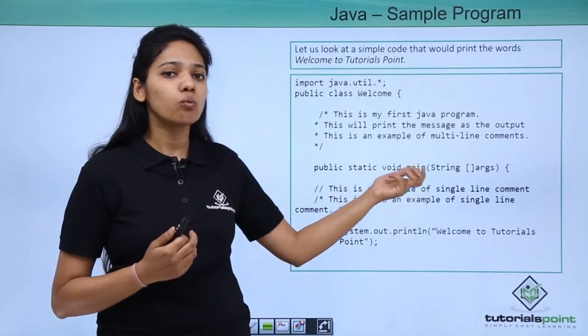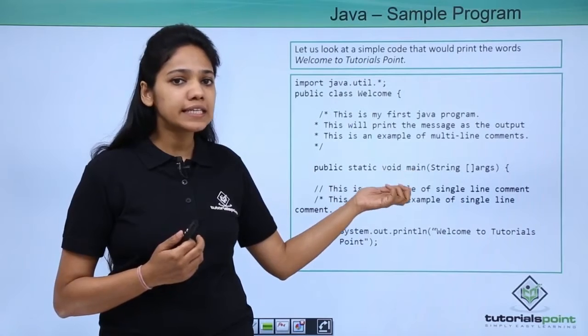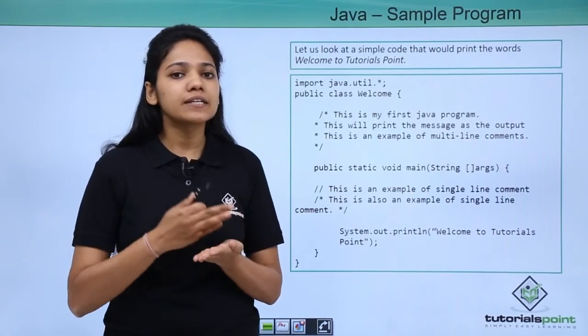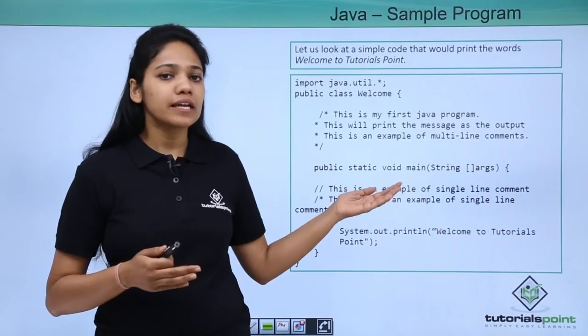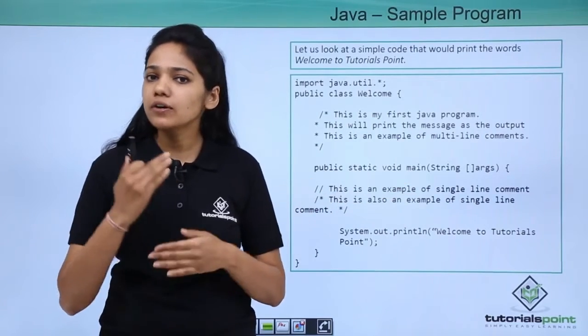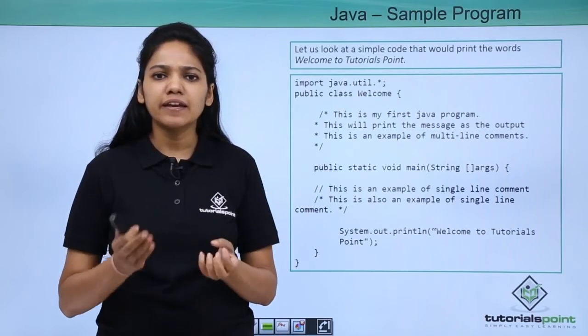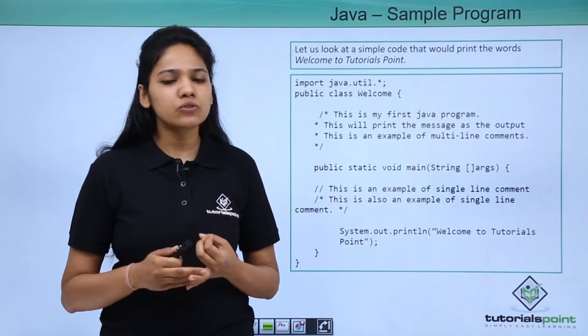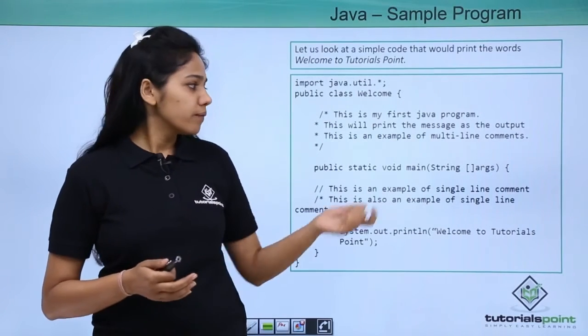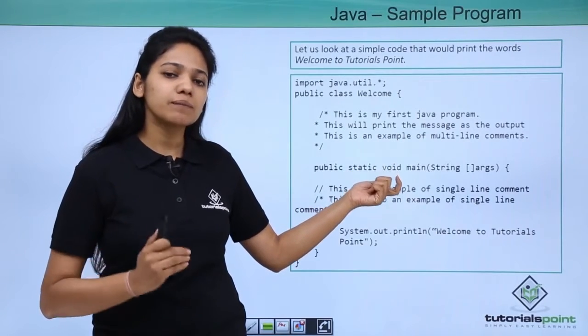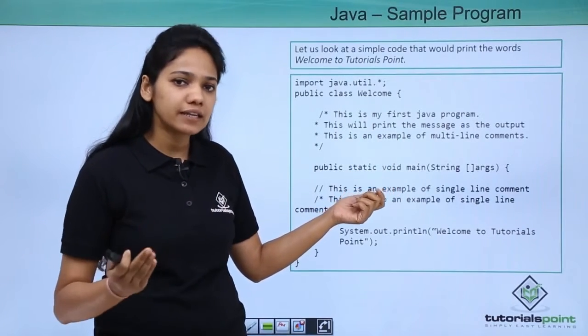Then you have void and main. Void is a keyword here which says that it does not have any return value. That is, this method will not return any kind of value. When I say value, a value may be anything. It may be an integer, it may be a string, it may be anything. So the void keyword says you will not return any value.